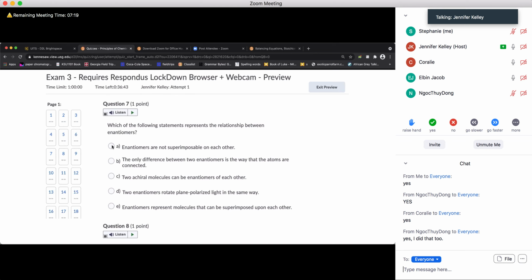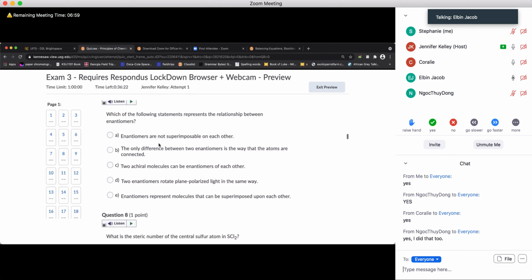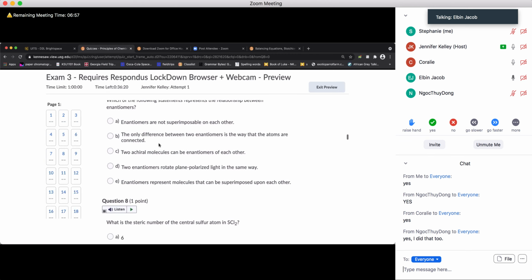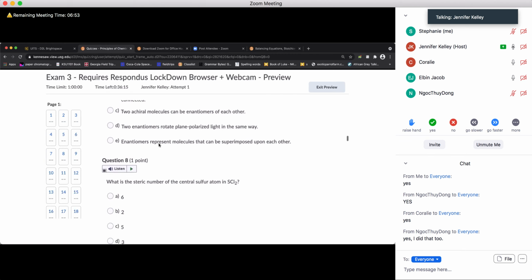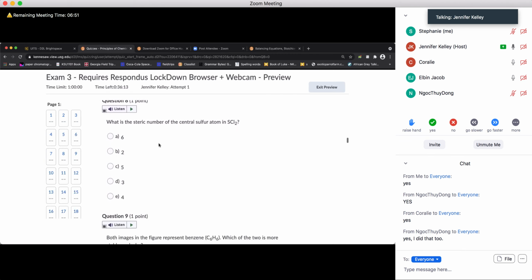But if you take them so that the palm of your hand is going down for both of them, and then you lay one on top of the other so the palm of the hand is on the back of the other, then you can see that the thumbs are on the wrong side. So that means they're non-superimposable. And so that would make them kind of like enantiomers. Yeah, I got this wrong because I didn't know what that meant. I knew what enantiomers meant, but I didn't know what superimposable meant, so I just guessed on it. Yeah. Let's see.